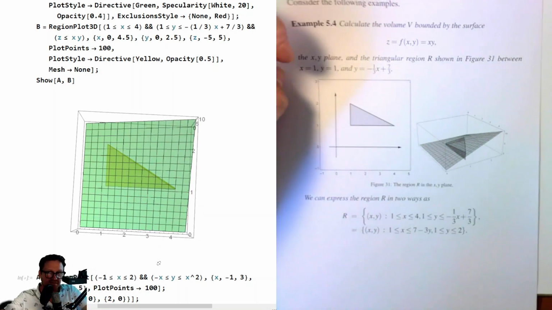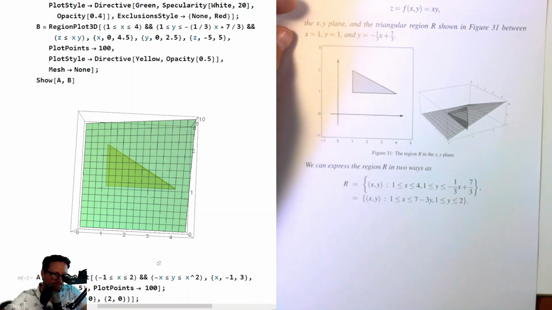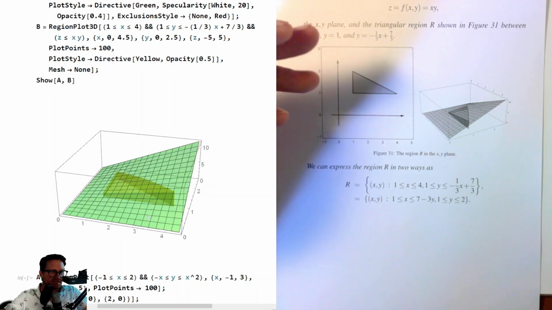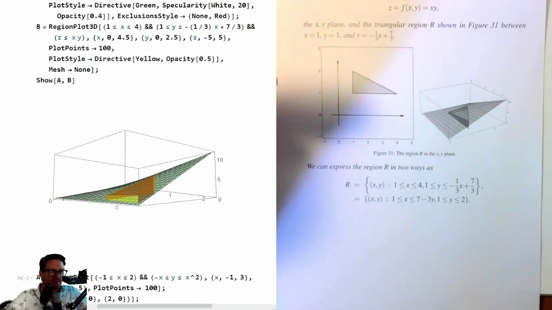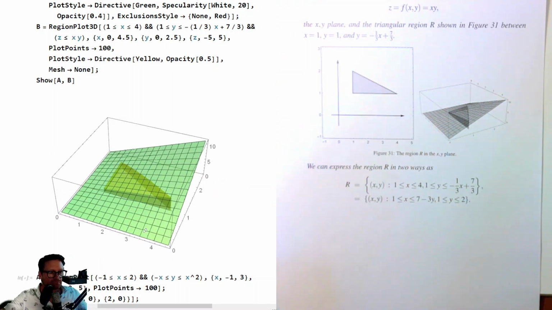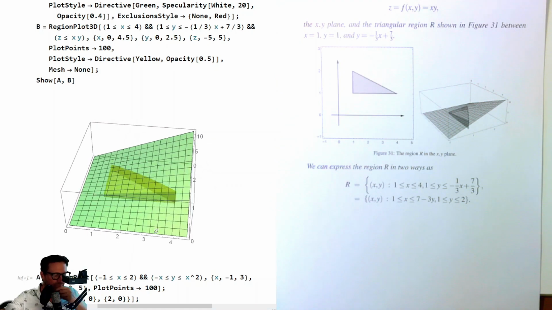Okay, but we can represent that region in two ways. And so we'll calculate the volume of this yellow piece under that surface in two ways using the previous things we learned.